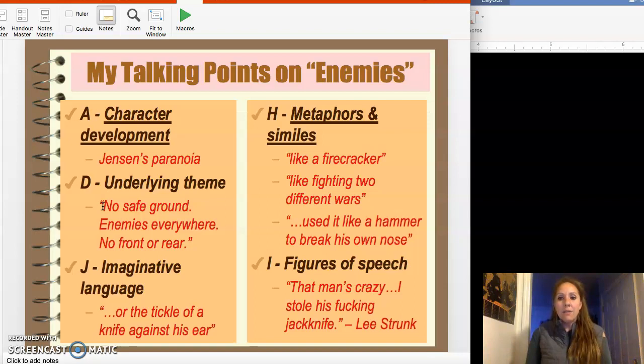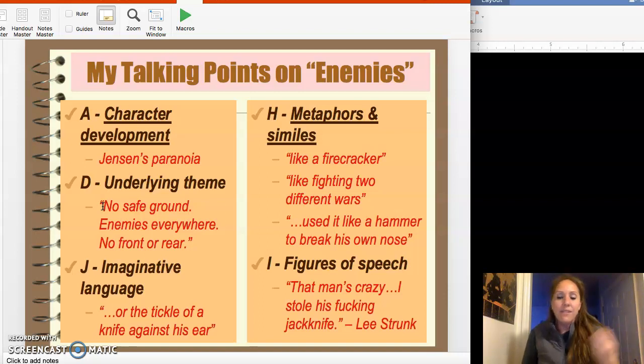And then the final one I love is when he uses the hammer. He says he grabs the barrel of a pistol and, using it like a hammer, he breaks his own nose. So how powerful is that line? You could just picture somebody taking a gun and hitting hard on their face like a hammer.